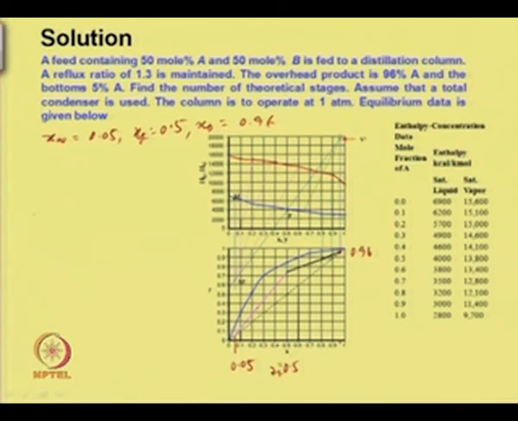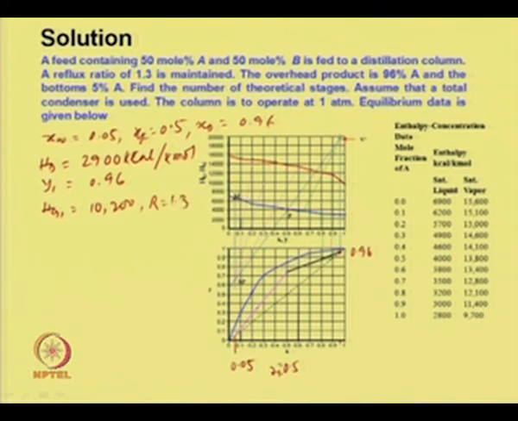Now, from the table we can see the enthalpy of the distillate HD is given as 2900 kilocalorie per kmol and Y1 is 0.96, Hg1 is 10,200 corresponding to this, and then the reflux ratio is given, R is equal to 1.3.